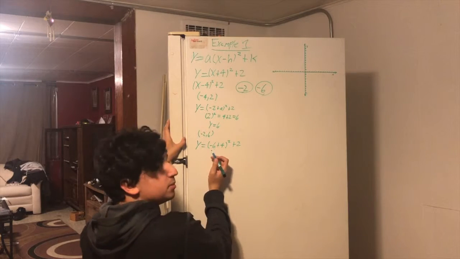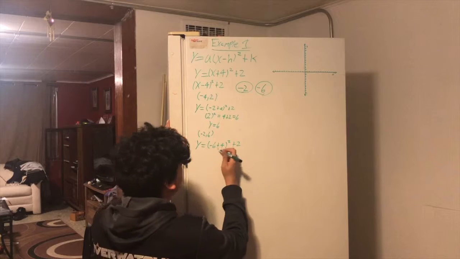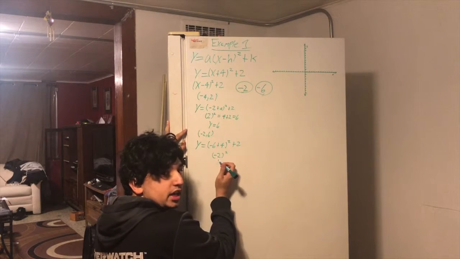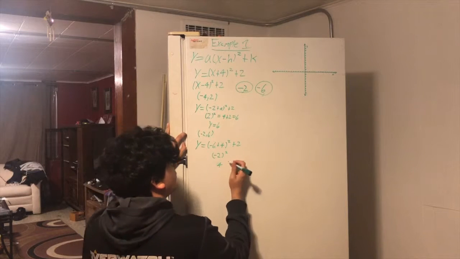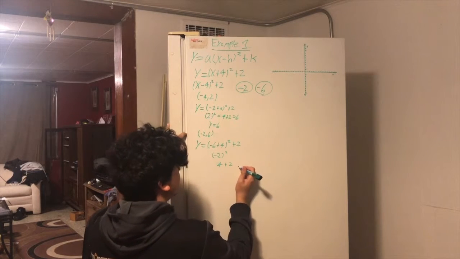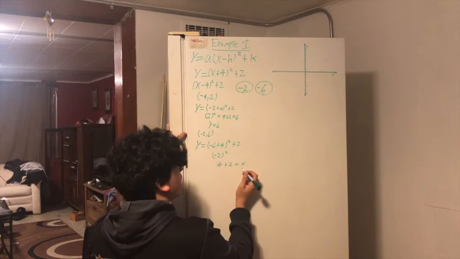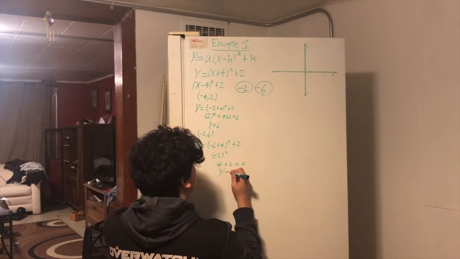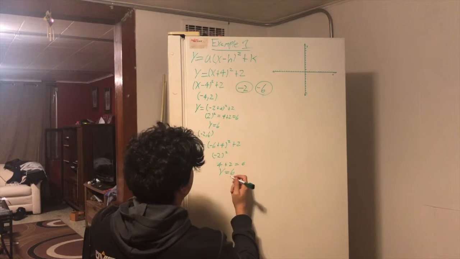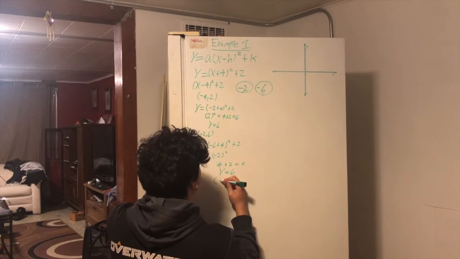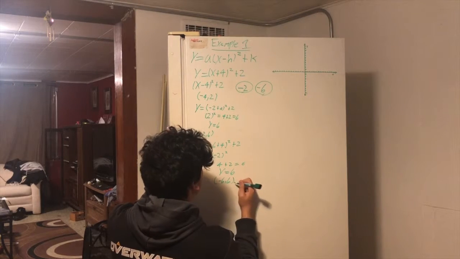Now we're just going to do the same thing again of negative 6 plus 4. That would equal negative 2. Negative 2 squared equals positive 4. 4 plus 2 equals a positive 6. And our answer being y equals positive 6. So our new point will be negative 6, positive 6.